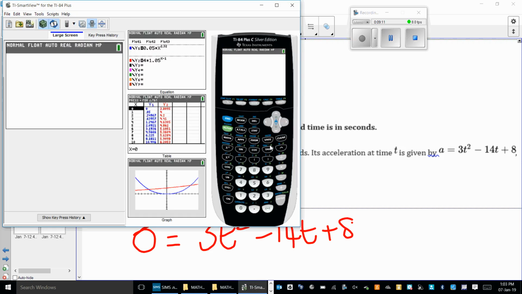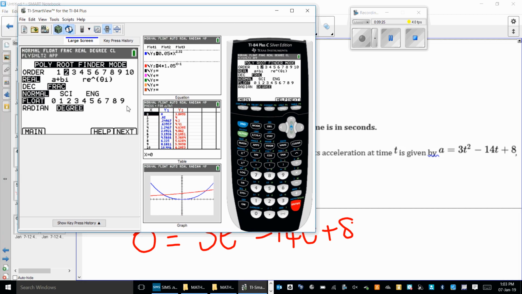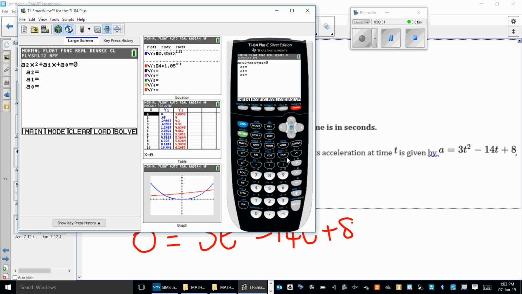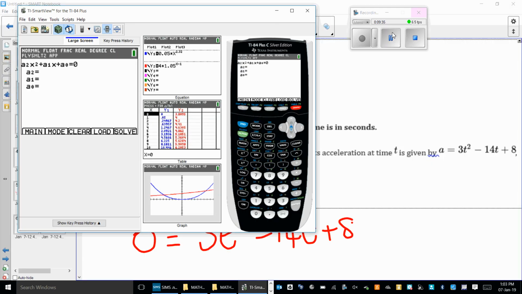So we go to apps, Polysmlt. We are solving a polynomial. So it's order 2.